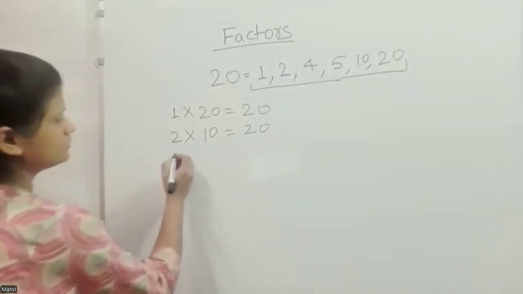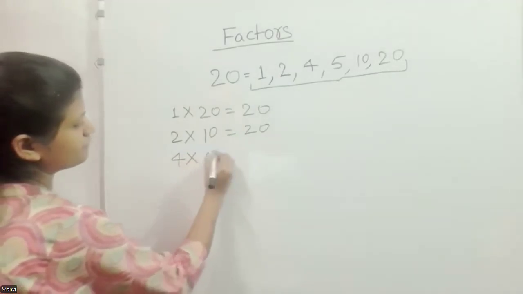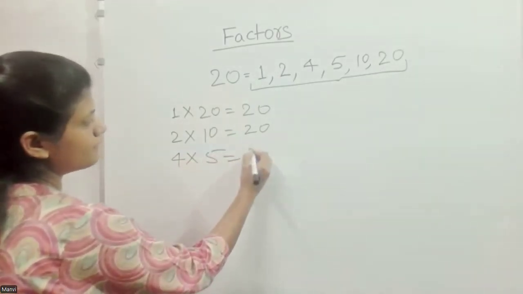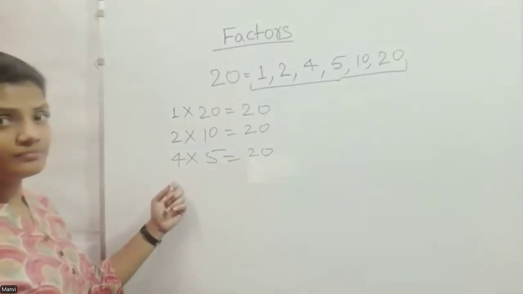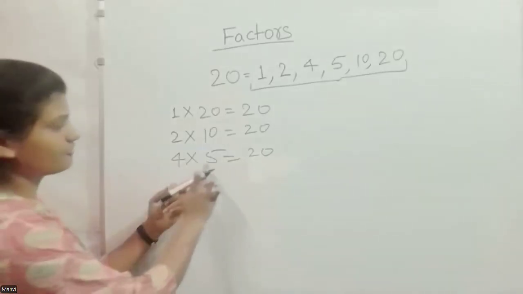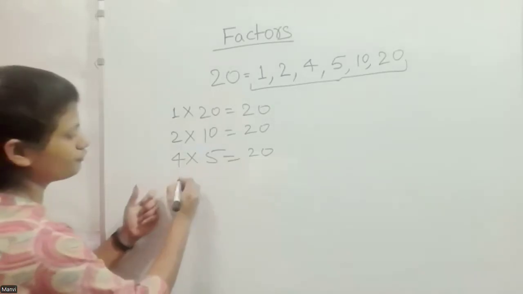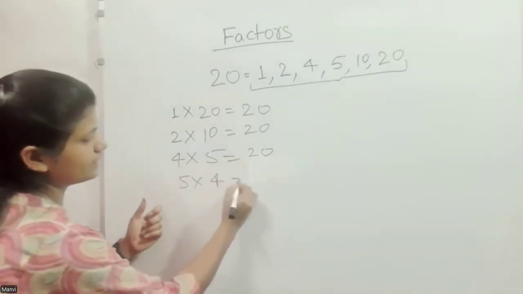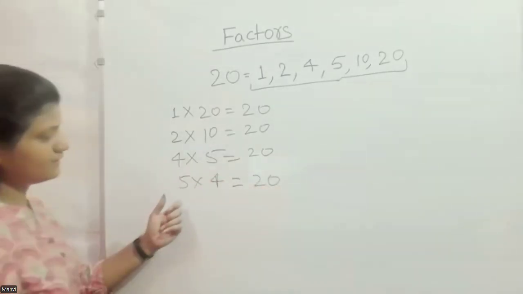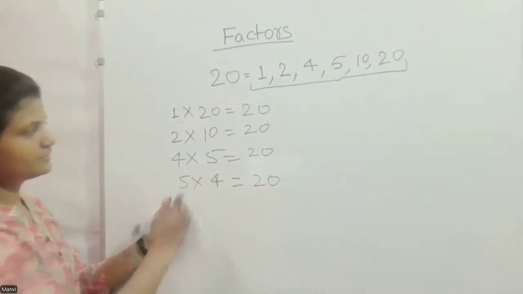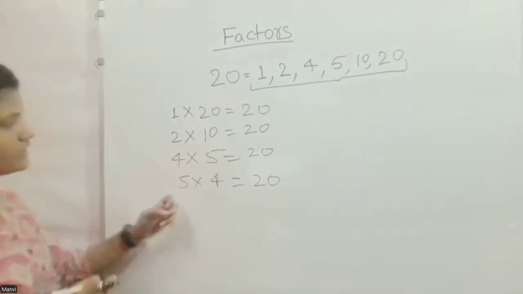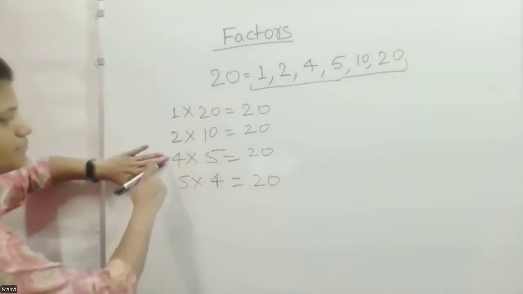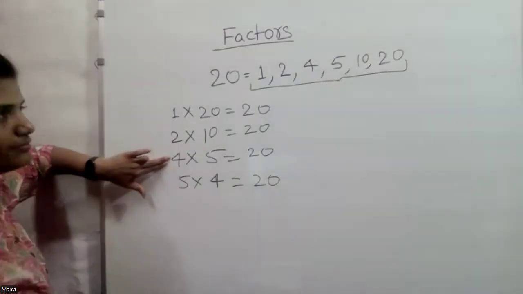Then 4 multiplied by 5 equals 20. Then after that, 5 multiplied by 4 equals 20, then 10 multiplied by 2. Actually, from here, what happens is the numbers get repeated.